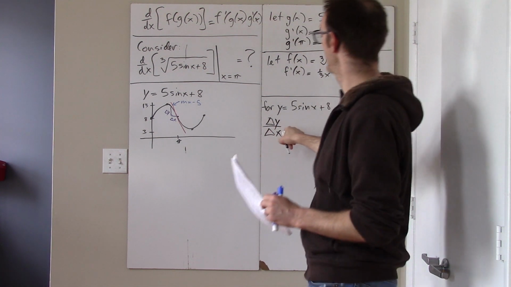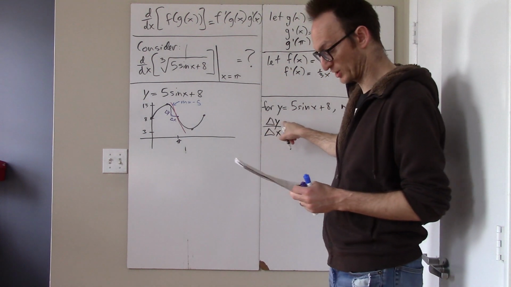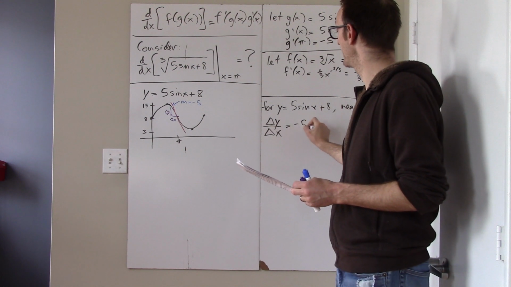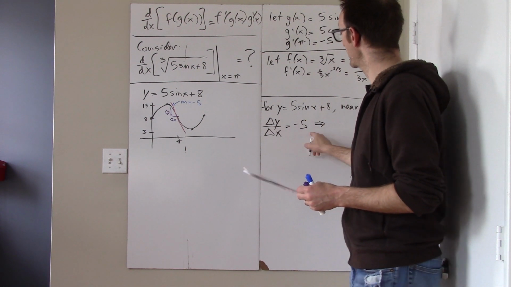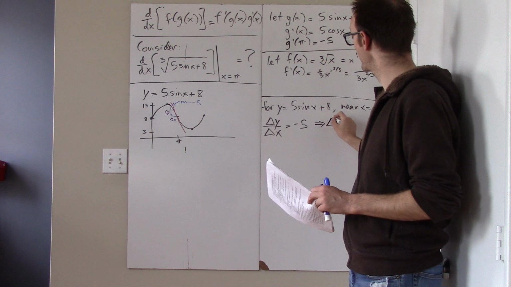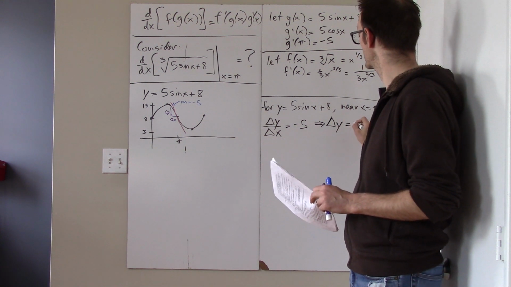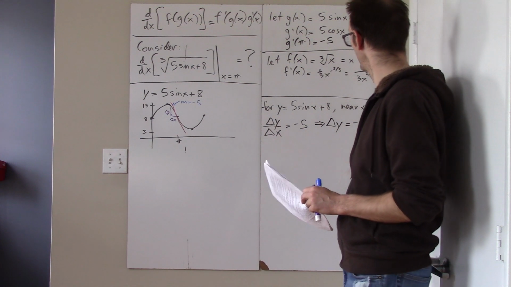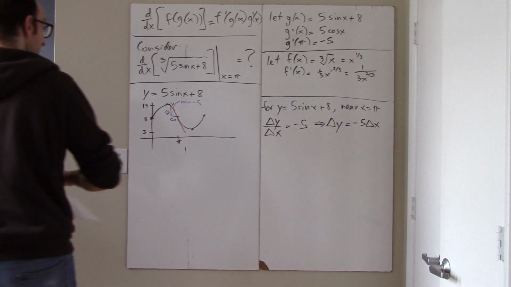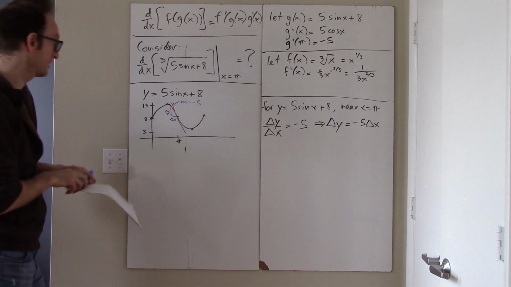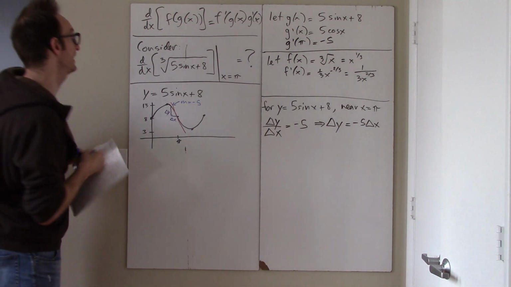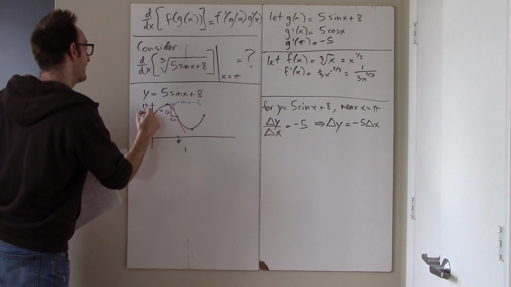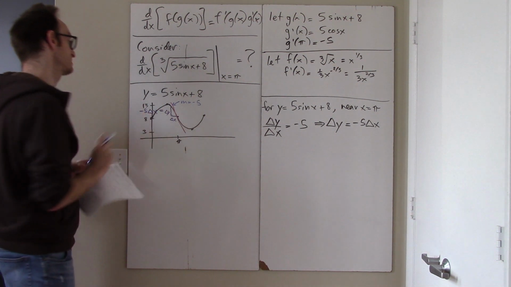This is true, that the ratio between the change in this function and the change in the input is -5, which really should be thought of as saying that the change in the output of this function is -5 times the change in the input. Which is to say that this little delta y here is roughly going to be -5 times as much as the change in x.